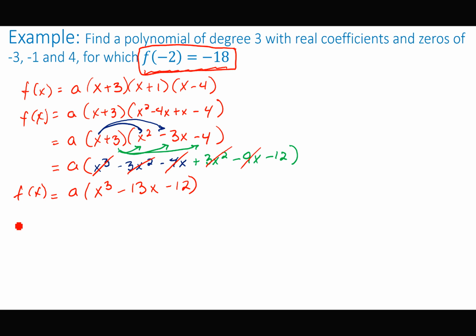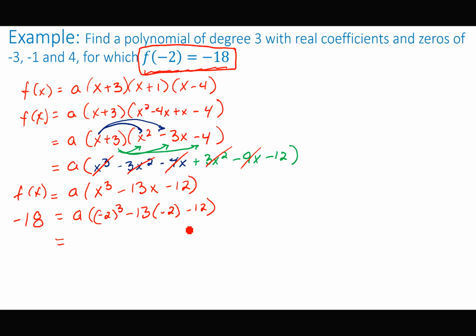So how I'd set this up, I would have negative 18 equals, all of my x values now would be negative 2 cubed minus 13 times negative 2 minus 12. So now I'm actually putting in values, and my only unknown I have left is that a.